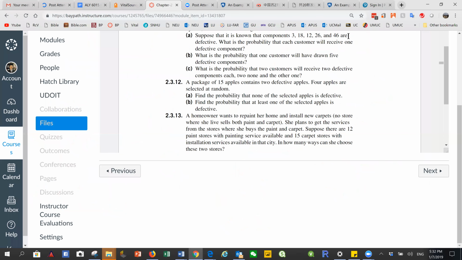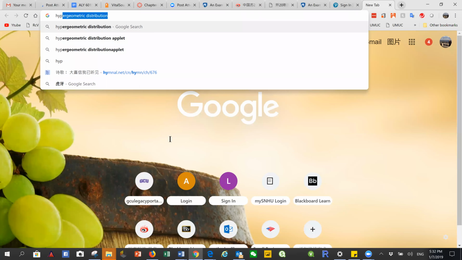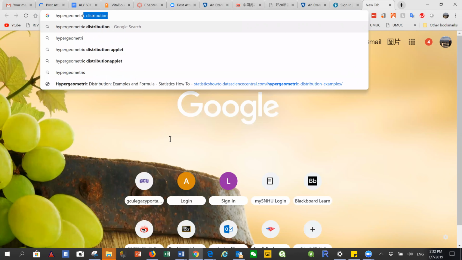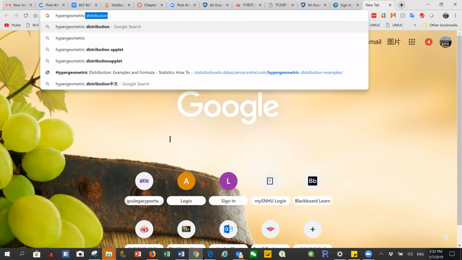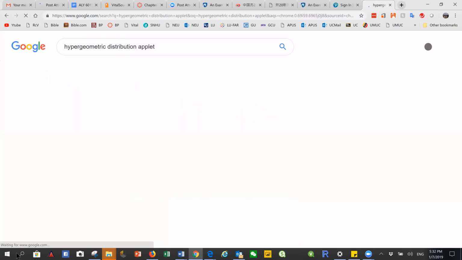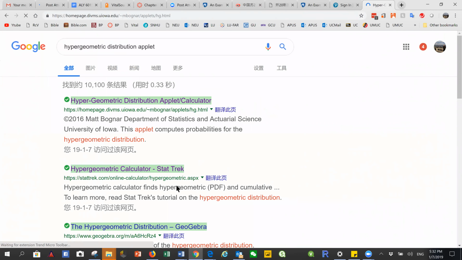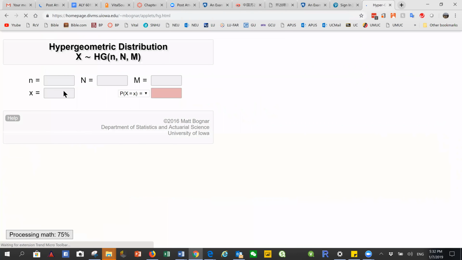Use the website I showed, maybe the hypergeometric distribution applet. Of course, you can use Excel or R, but we try to use the easiest, most handy tools for it.